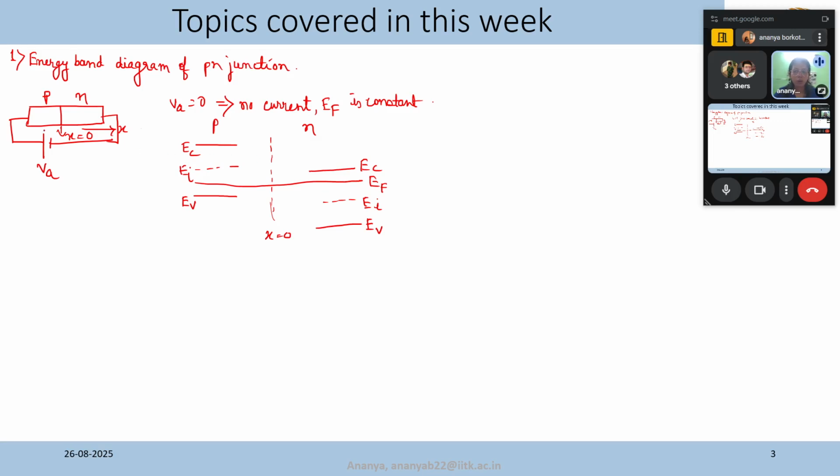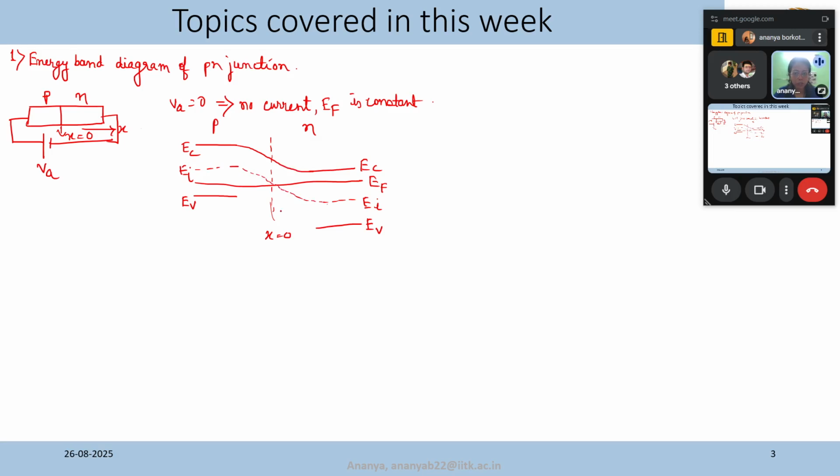We already know that our electric field is linear in this region because of the space charge region. A linear electric field implies a parabolic potential, and we have learned that potential and energy levels are related, like voltage and electron volt. So we will join it smoothly. It is parabolic, we already know that.